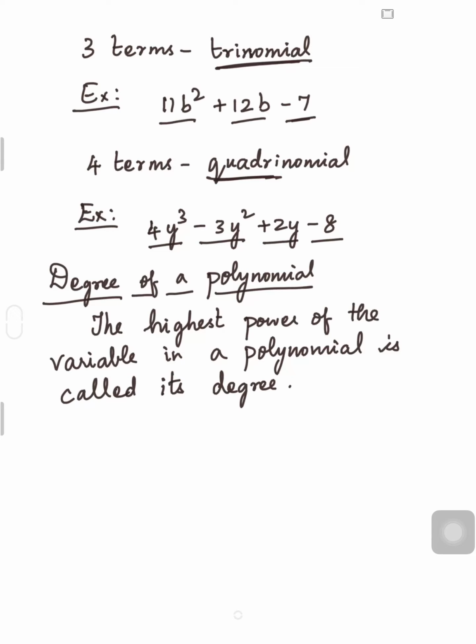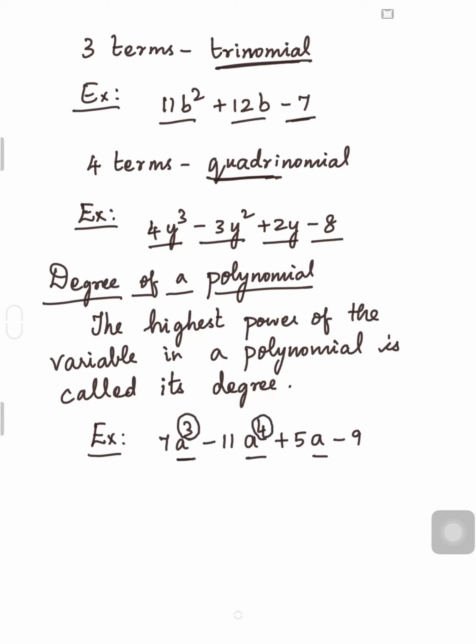Since here we are going to deal with only polynomials in one variable, let me give an example and explain what is degree here. Suppose I take 7a cube minus 11a power 4 plus 5a minus 9. Here what is the variable used? A. And what is the power of the first term? 3.